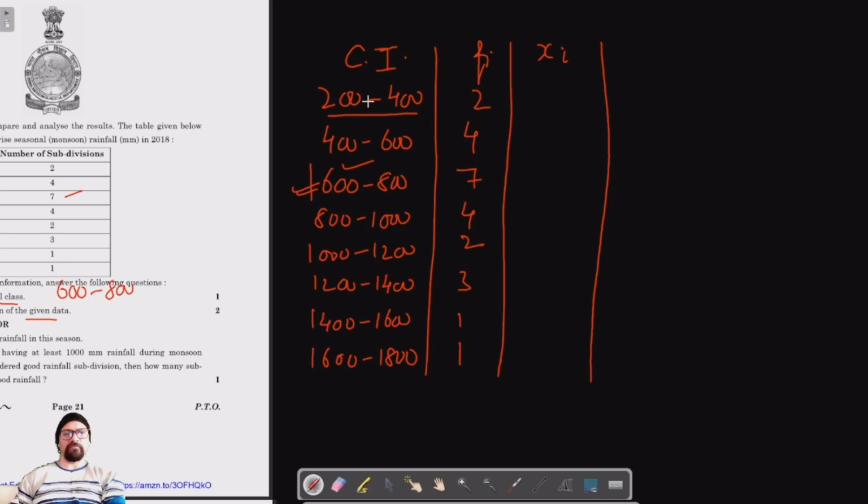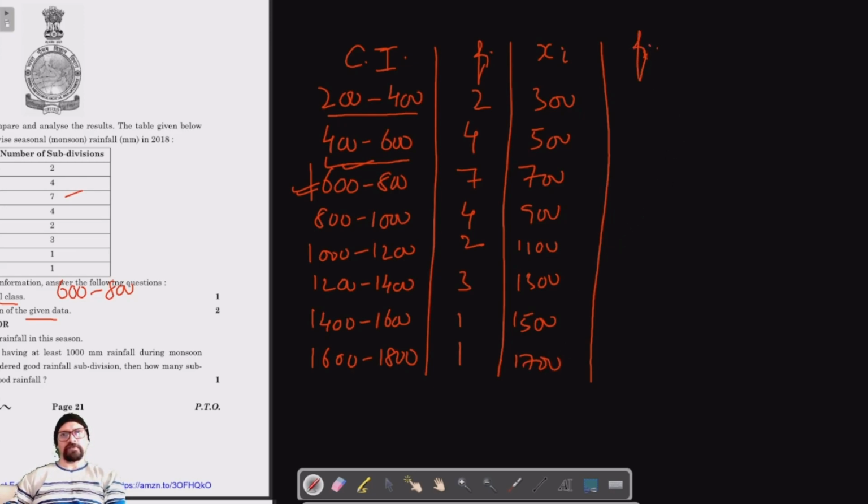So class mark of this class is 200 plus 400 is 600 divided by 2 is 300. So this is 300, 400 plus 600 is 1000 divided by 2 is 500. So 300, 500, and it is 700. So this is 700, 900, 1100, 1300, 1500, and 1700.